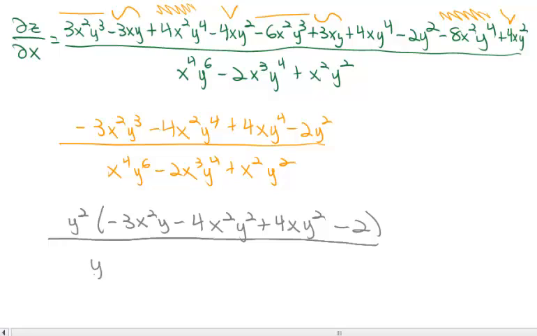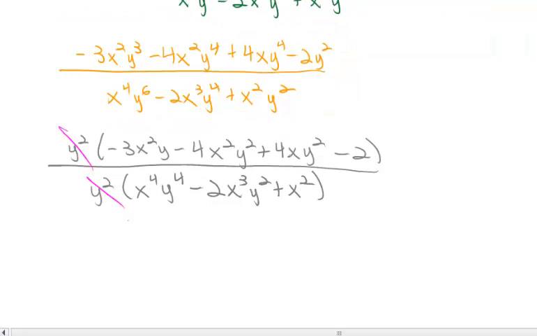All over, we do have a y squared in the denominator also. That leaves us with x to the 4th, y to the 3rd. Oh, nope. 6 minus 2 is 4. Minus 2x cubed y squared plus x squared.